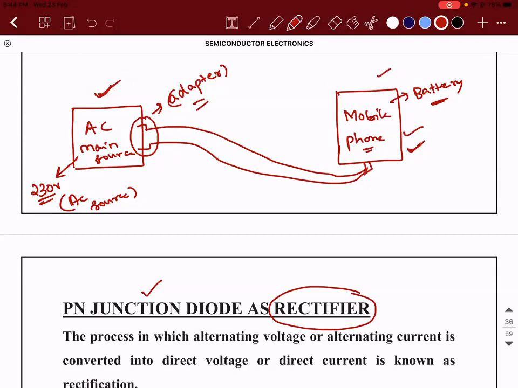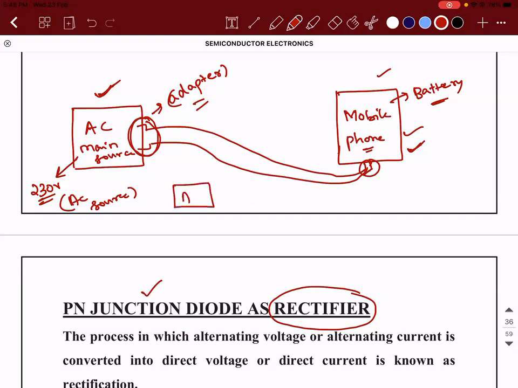The AC source is coming here, but you're connecting it to a device which requires only DC. So what should be the intermediate process that takes place? The thing is conversion of AC to DC.